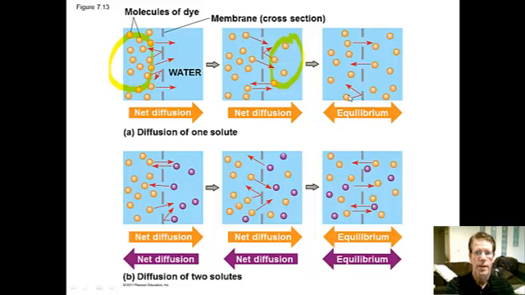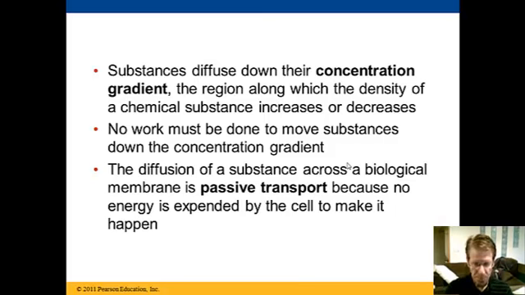At some point, we've reached a stage where the rate of molecules entering this side of the membrane is going to be equal to the rate of the molecules going to the other side of the membrane. It's going to balance out eventually. Everything equalizes on both sides of the membrane, if possible. The same thing is true with solutes.